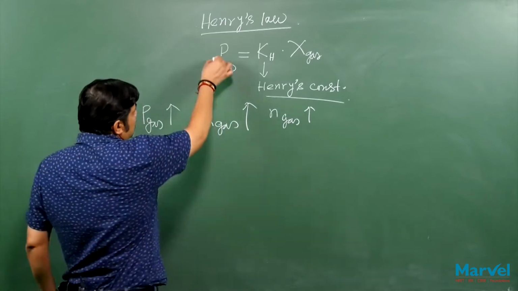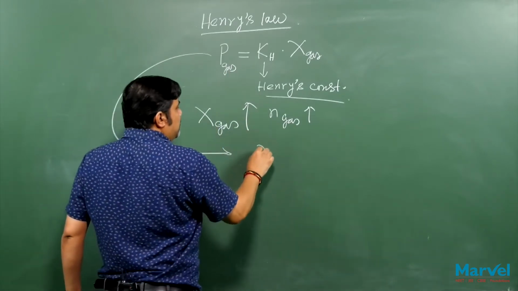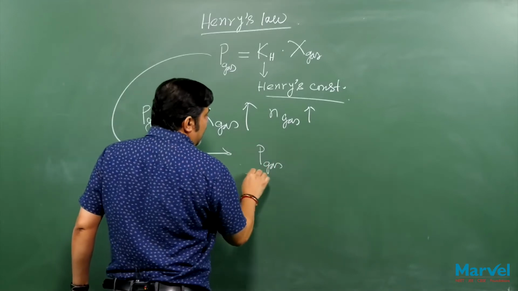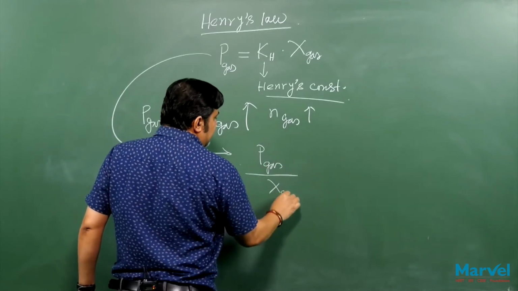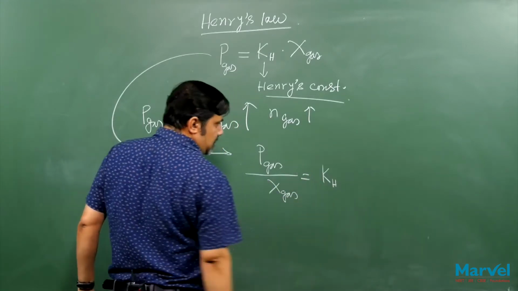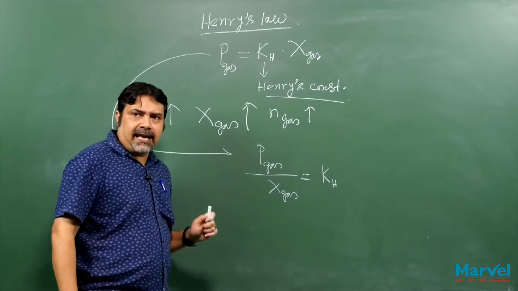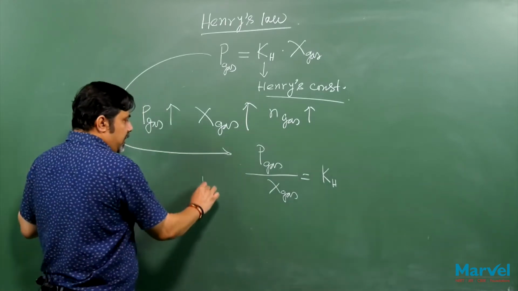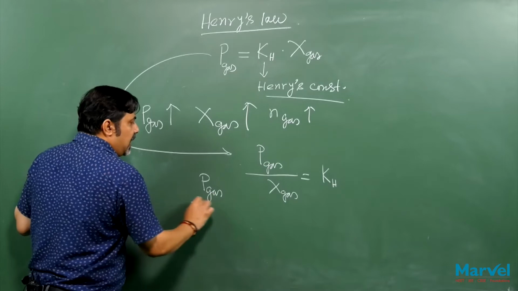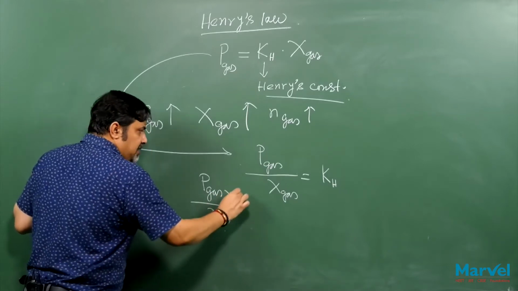Now what you have to do over here, I can write down: P gas by the mole fraction of gas is equal to kH, which is Henry's constant. The mole fraction of gas we can write as the number of moles of gas by the total number of moles.